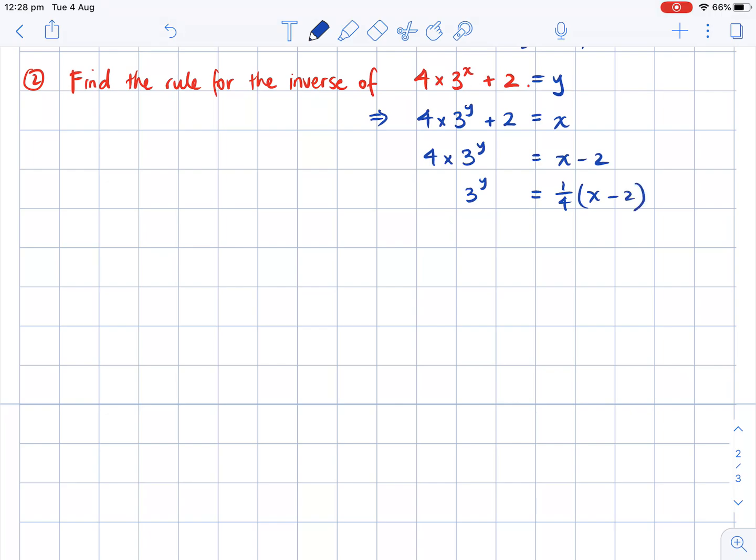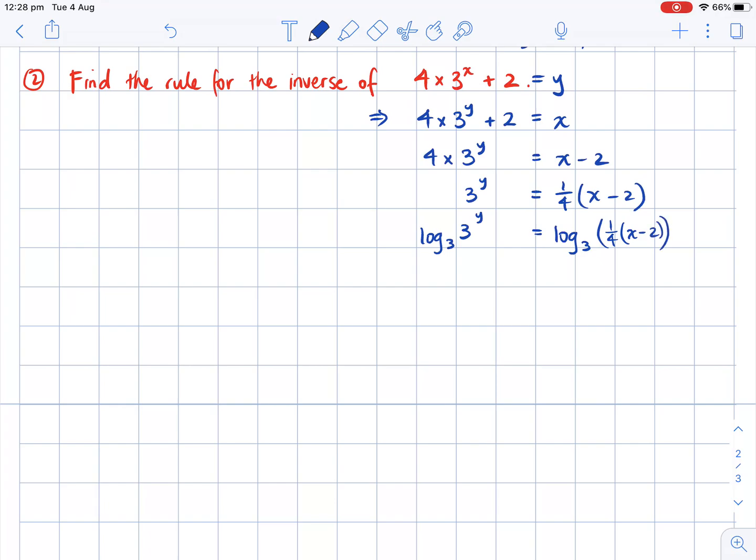And then I'm going to do the opposite of a base of 3, and I'm actually going to raise both sides to the power of a log 3. So log 3, 1/4 x minus 2.